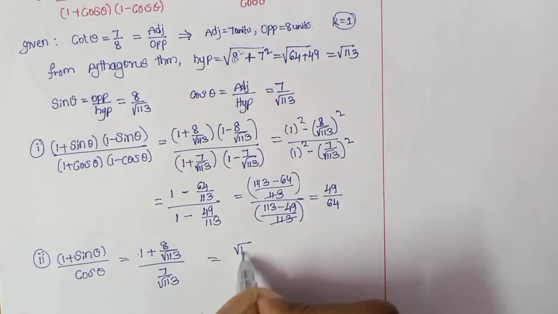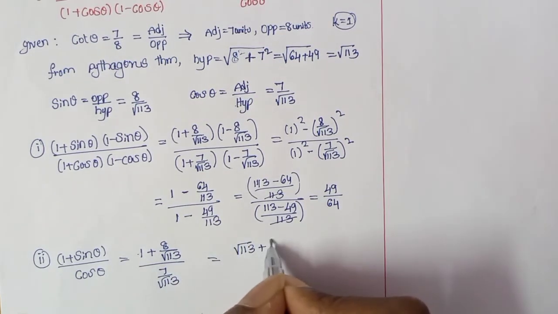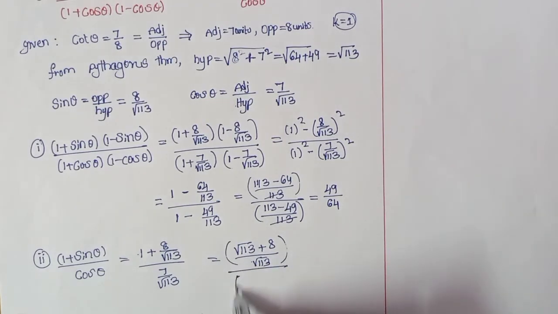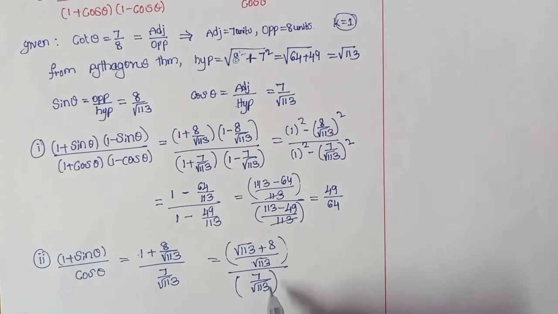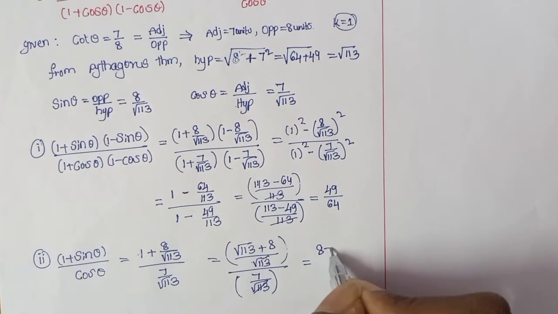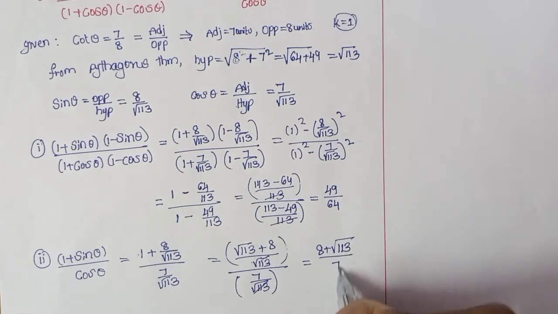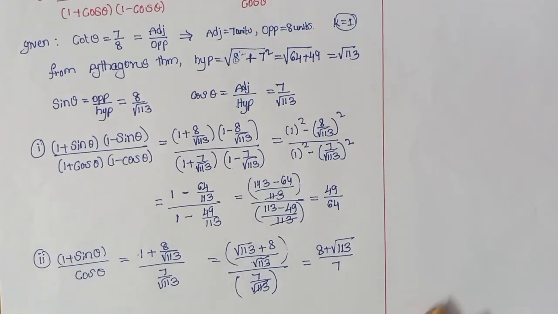So in the numerator, under root 113 plus 8 divided by under root 113. In the denominator, 7 by under root 113. Here 113 gets cancelled. So what you will get is 8 plus under root 113 divided by 7. This is the next answer. And we will see the next problem.